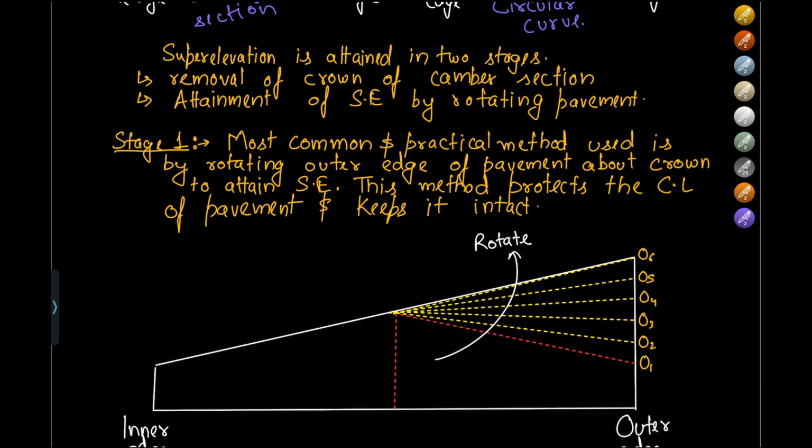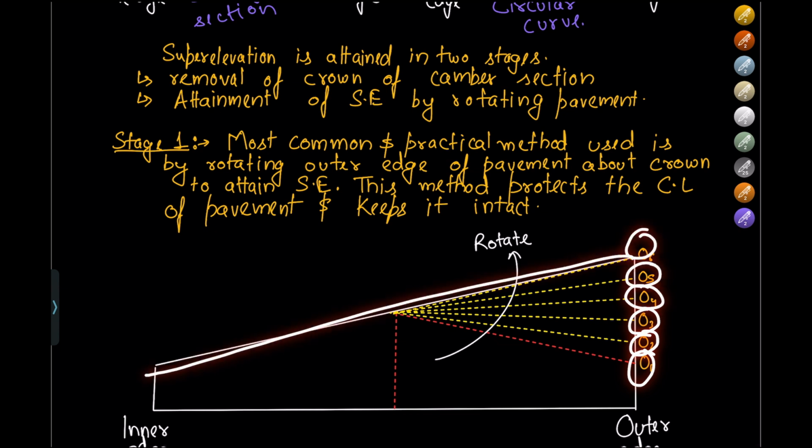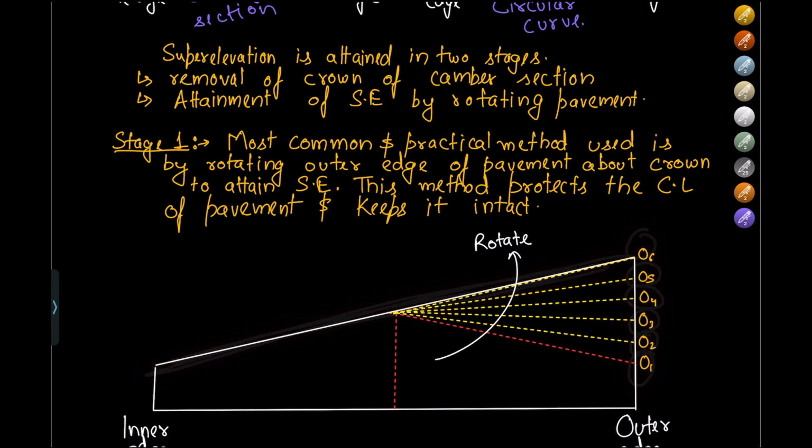As the road enters the transition curve, the gradual introduction of superelevation starts, and the cross section starts changing. The outer edge of the road starts raising, and as soon as it reaches the inner edge, first of all, it is made sure that the outer edge and inner edge are at the same slope as the camber of the road, right?